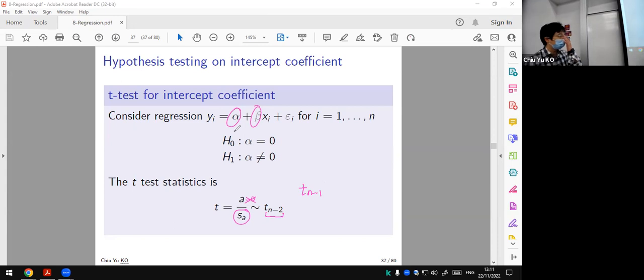The proof we omit, but that is the only difference. It's normal, because let me repeat the statement: this is normal, and alpha is also normal.